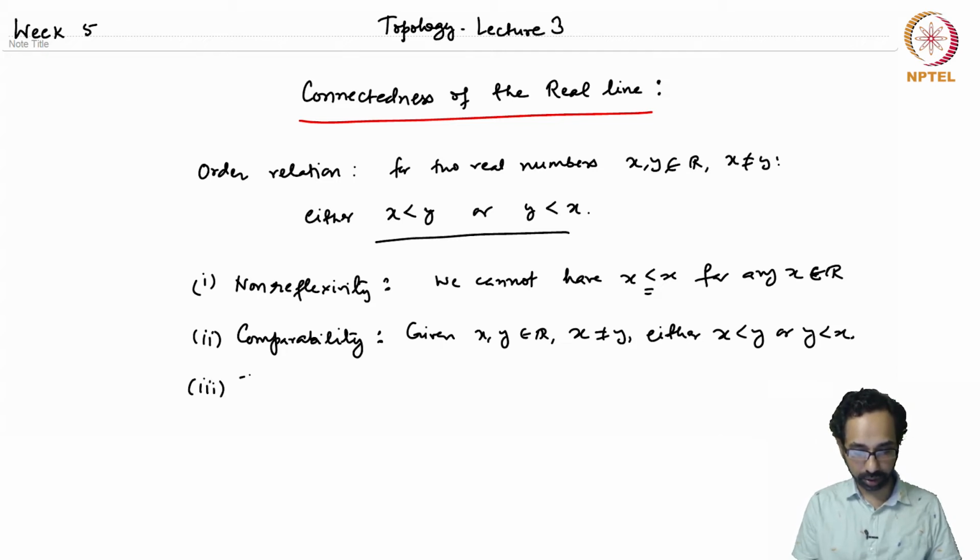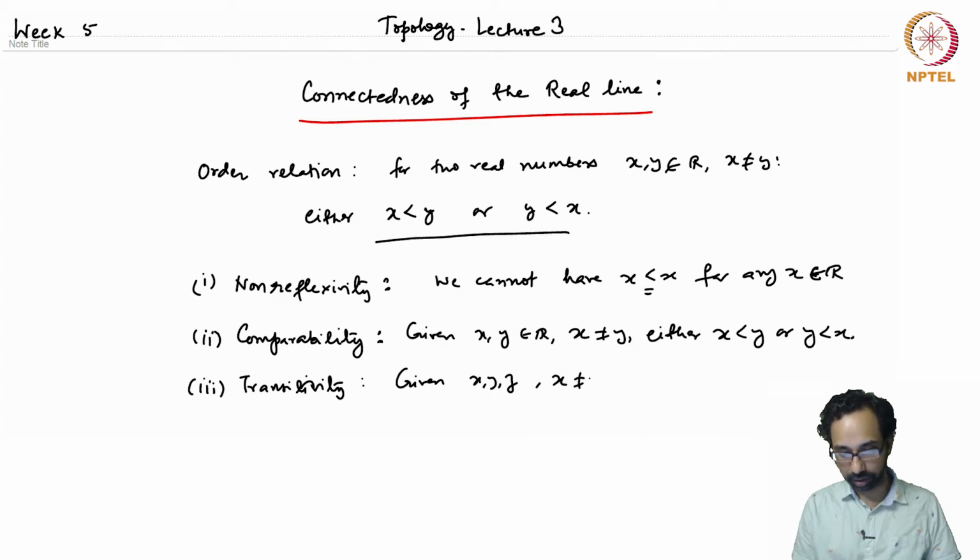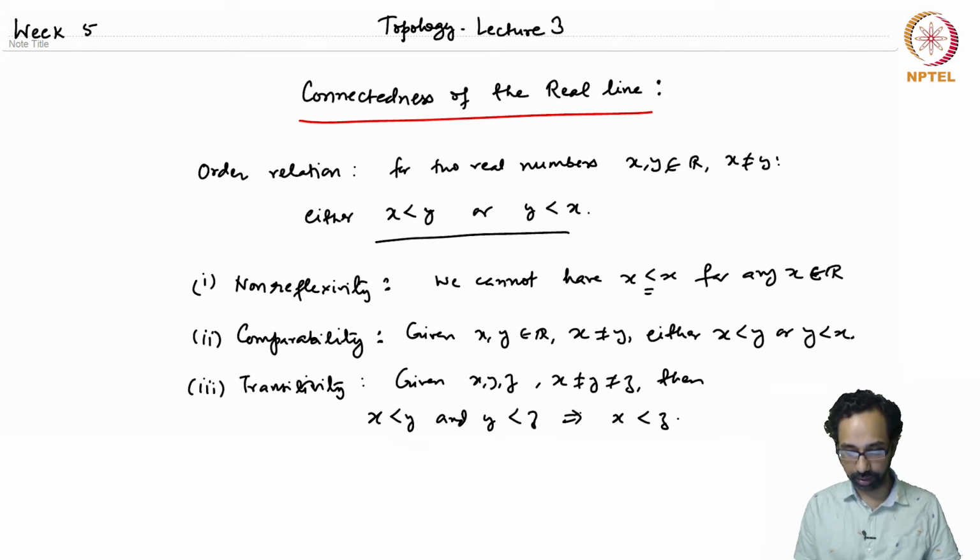And the third one is called transitivity. So given x, y and z distinct points, then x less than y and y less than z implies that x is less than z. So this is called the transitive property of the order relation.